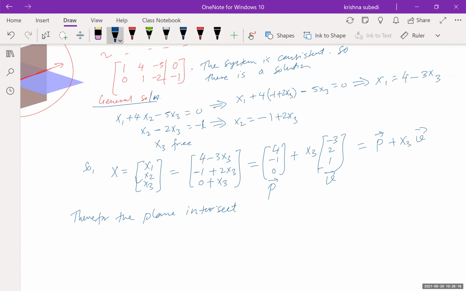It's a line. It's a line passing through P and parallel to x3v, or parallel to v, you can say. Okay, it is a line passing through P parallel to the vector v. So therefore, the planes intersect at the line x equals p plus x3v. Okay, that's it.